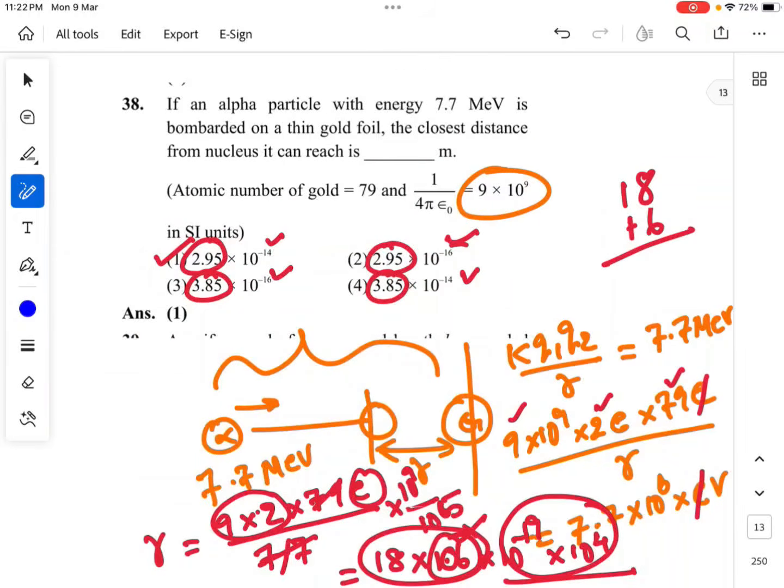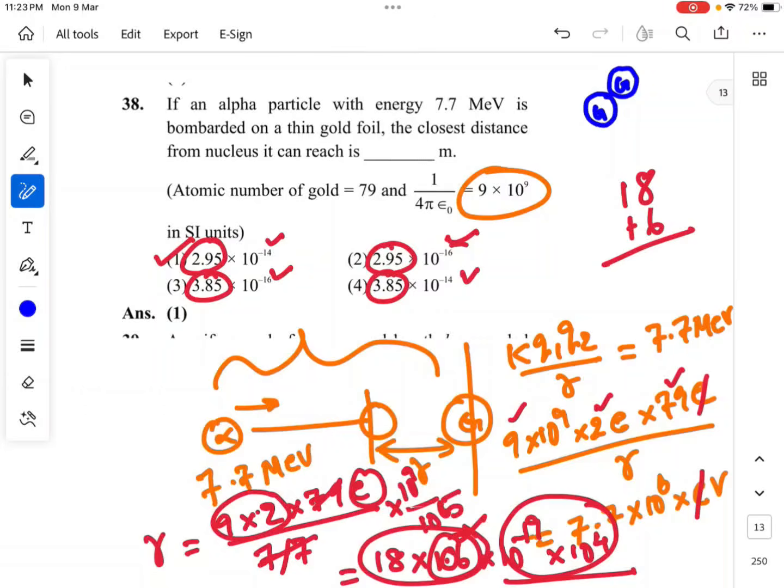There is a flaw in this question actually. Now, what is the problem here? Let us say this is a gold atom. Now, the alpha particle need not approach the gold atom head on.